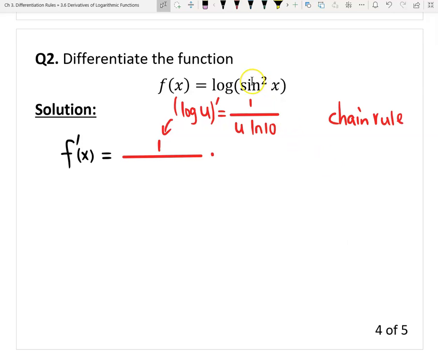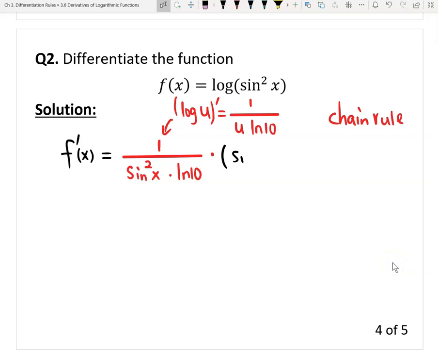We can see u is sine square. So I plug sine square in there, and I will directly get sine square x, and then times ln at 10. See, this is the derivative of the outer. One more step: times the derivative of the inner.